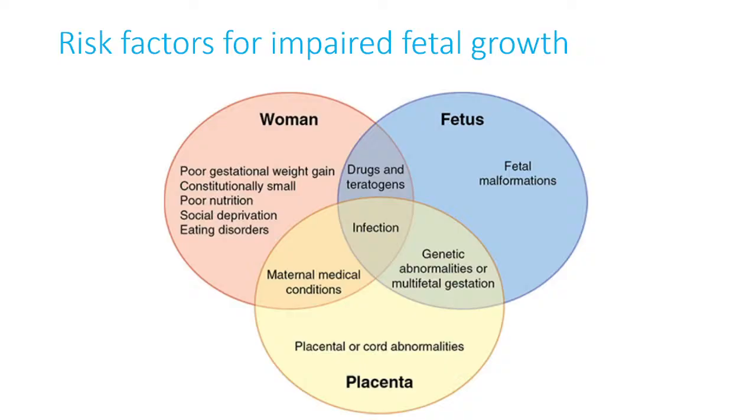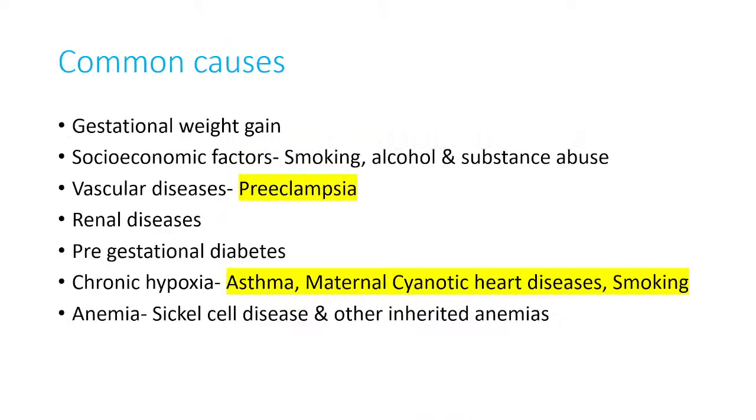Genetic abnormality or multifetal gestation are common to the fetus and the placenta. So, 3 compartments of etiology and 3 overlapping, and here you can see all 3 are overlapping in infection. If infection occurs, all the 3 compartments will be affected.